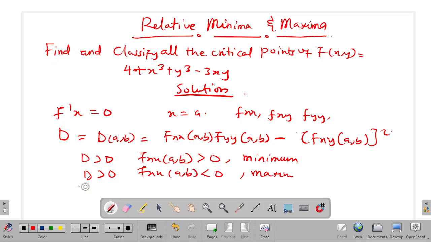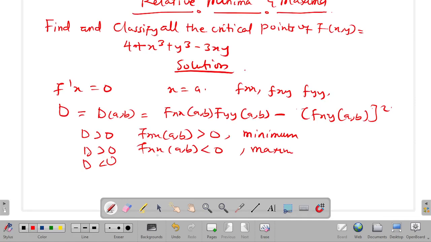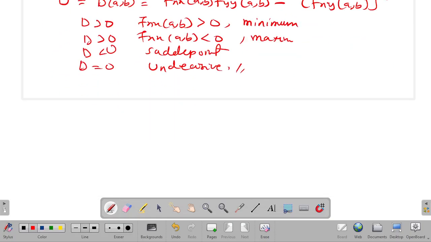But if D is less than 0, then you have a saddle point. If D is equal to 0, it is inconclusive. As simple as that. So let's find our critical points and go straight into the problem.